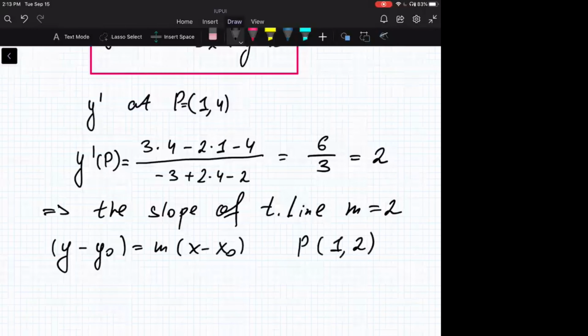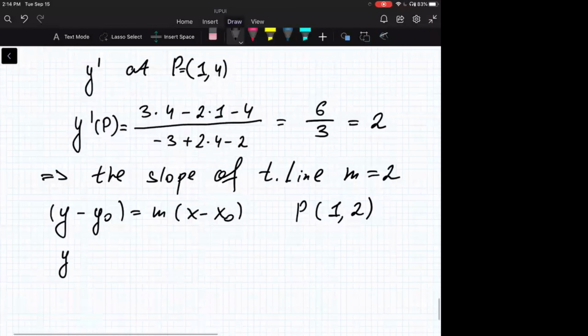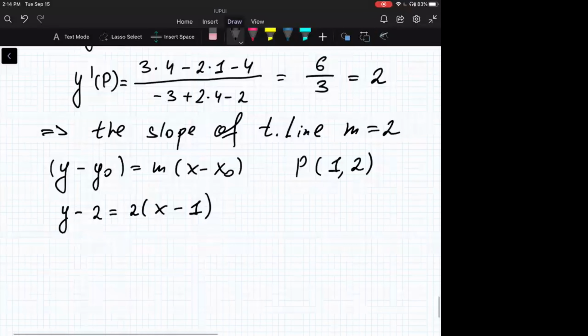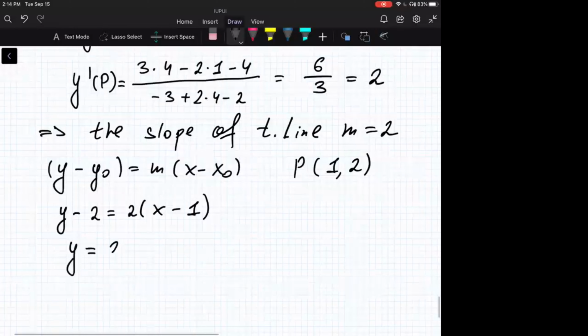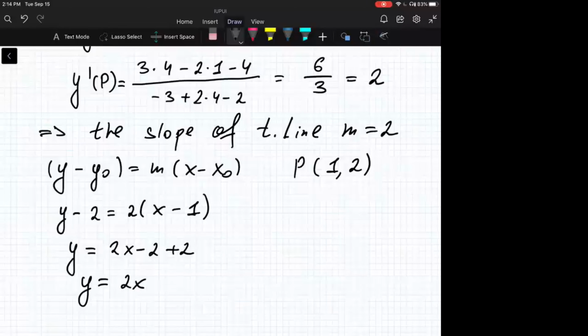And again, the tangent line should go through that point. That means that y minus 2 is equal to 2 times x minus 1. And I can simplify it and get that it is 2x minus 2 plus 2. And finally, y equals 2x.